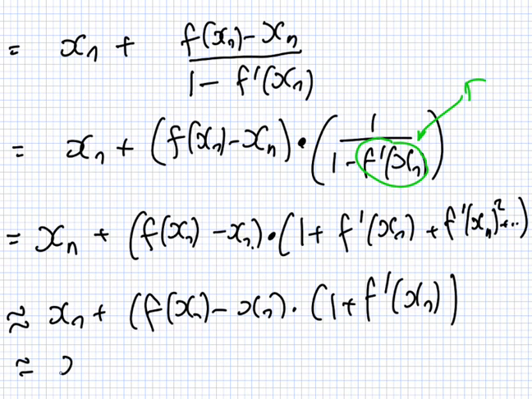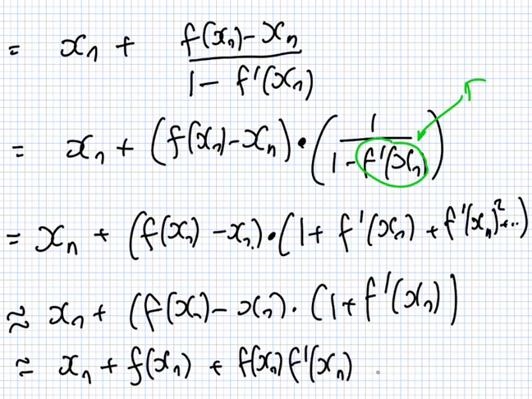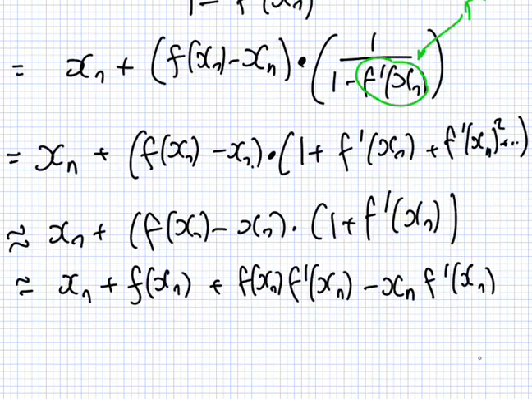Okay, can I continue? So if I multiply this out, I get xn plus f(xn) plus f(xn) f'(xn) minus xn f'(xn). fxn times 1 is fxn, and fxn times that is that one.